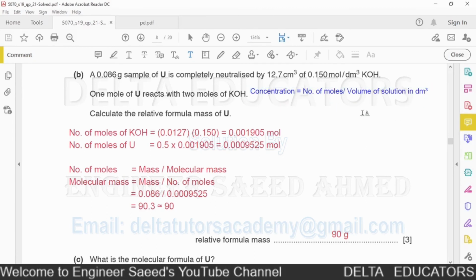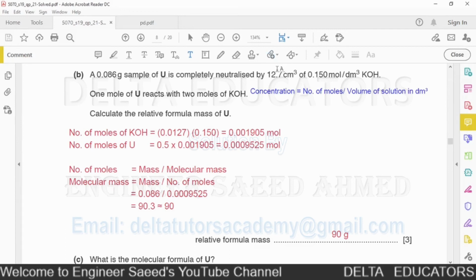From this formula, number of moles is equal to concentration times volume of solution in decimeter cube. So the number of moles of potassium hydroxide will be equal to volume multiplied by concentration.